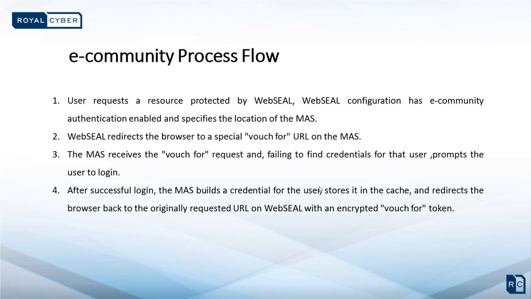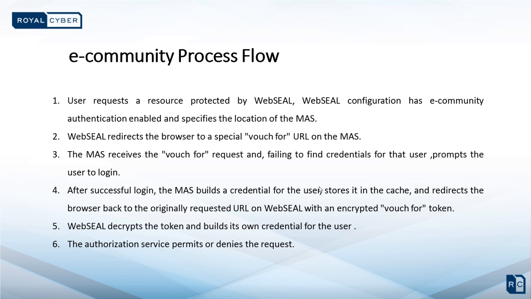Once the user is successfully logged into the e-community domains, as I said earlier, the master authentication server will build the credential, store those credentials in the cache, and redirect the browser to the originally requested URL on the WebSphere server with an encrypted vouch for token. That token is decrypted at the WebSphere instance into its own user credentials, and after the authentication comes the authorization, which determines whether the user has access to those resources or not.